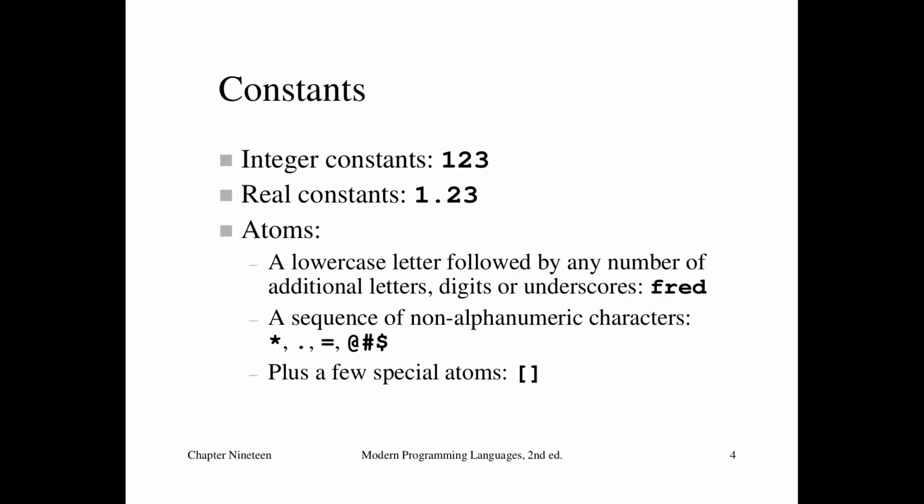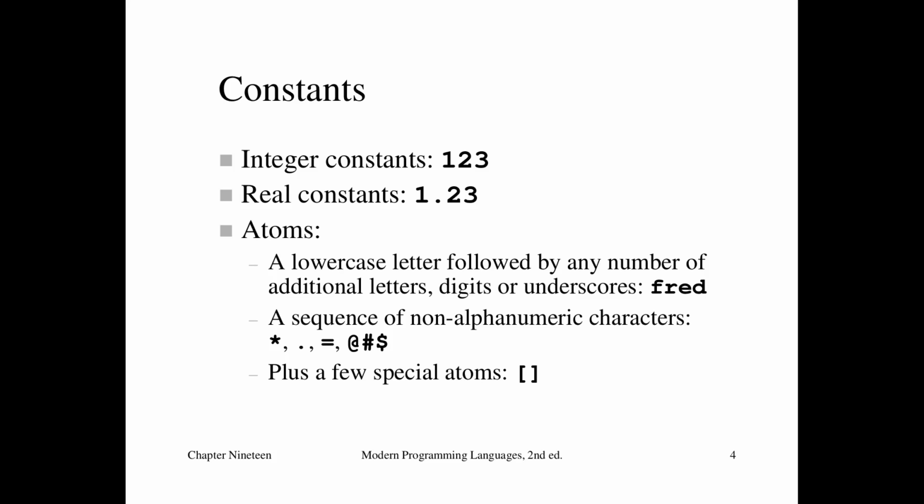Constants are pretty simple to understand. We have integer constants like the number 123. We have real constants such as 1.23, and then we have this concept called the atom. An atom is similar to a symbol, or maybe more like a string constant or literal in other languages like ML and Java.